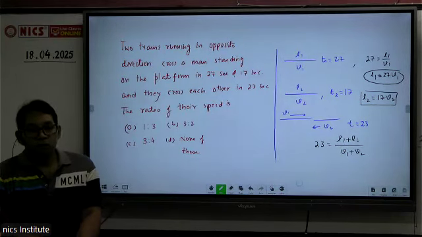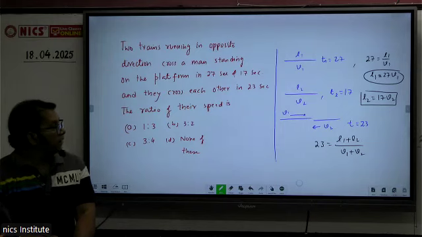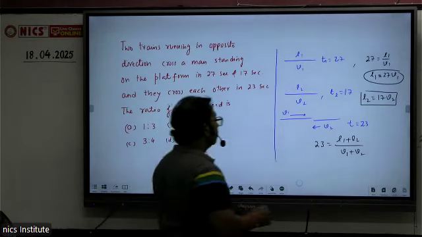Replace L1 and L2 by 27 V1 and 17 V2, and you get the answer.